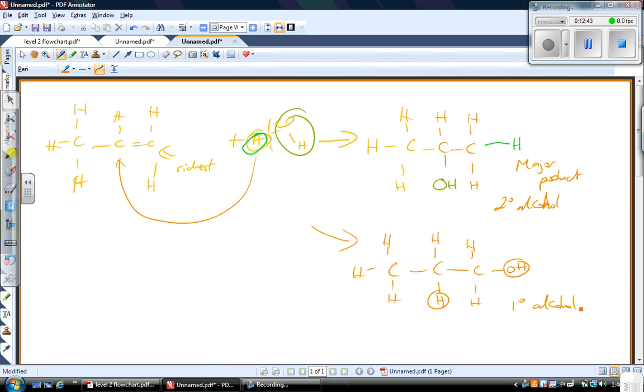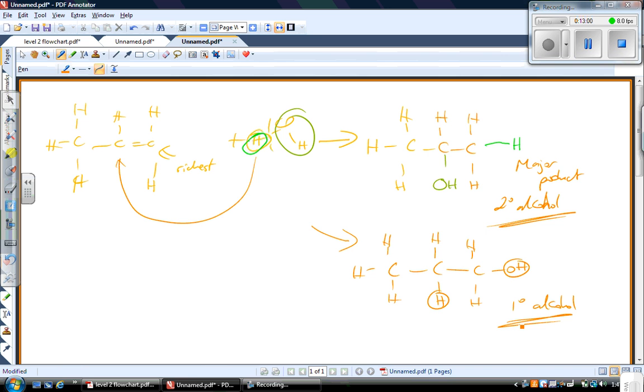So this is where the question of purity of organic synthesis comes into play, because if you want to just make a secondary alcohol, but you have the primary alcohol forming as a byproduct of the process, then you need to have some ways of determining the presence of the primary alcohol.